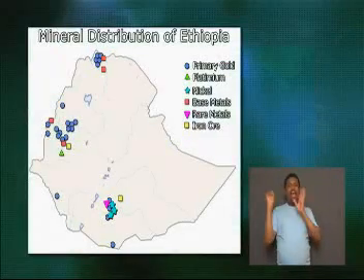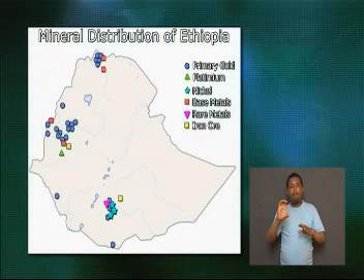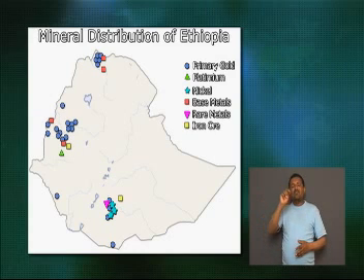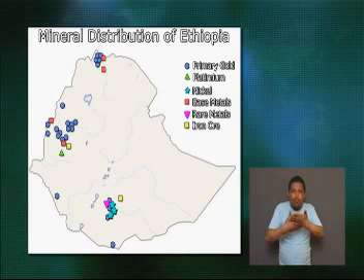An example of a choroschematic map, on the other hand, is one that shows the distribution of minerals in Ethiopia. The legend on the side of the map will give different symbols for each of the different minerals found on the map.